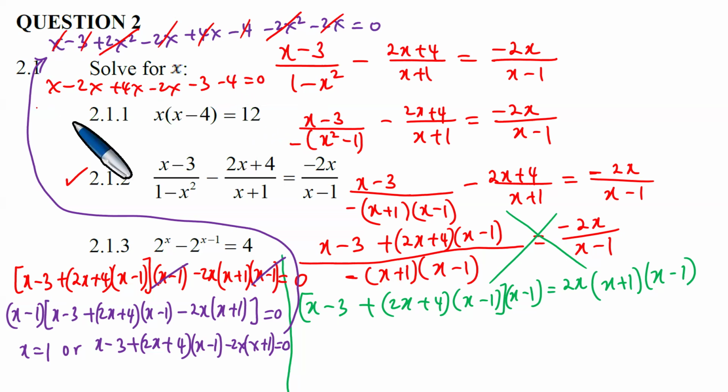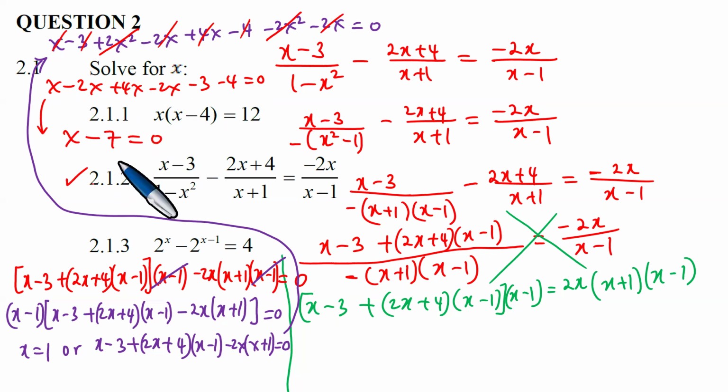Equals 0. Then what do we do now here? What is x minus 2x plus 4x minus 2x? What's the answer there? X. Well done. X, right? And then what is minus 3 minus 4?